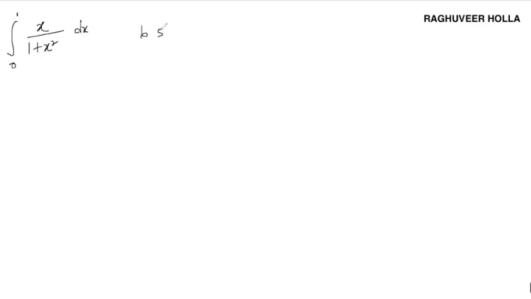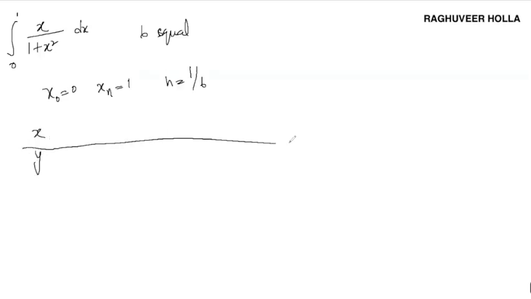So when you compare this, x naught is 0, xn is 1. So h is xn minus x naught divided by 6, which is 1/6. H is 1/6. So x and y.